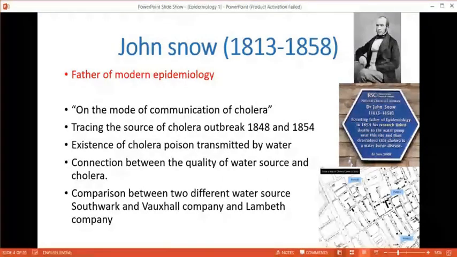And when he went to find out the reason for the cholera deaths, he found out it is mainly because of the people who drink water from the supply. There were 4 or 5 suppliers, and the main ones were the Southwark and Vauxhall company and the Lambeth company. The deaths were basically from those 2 places.